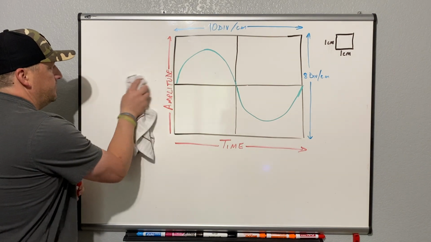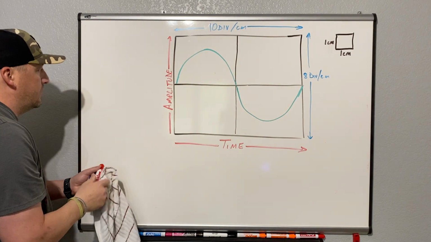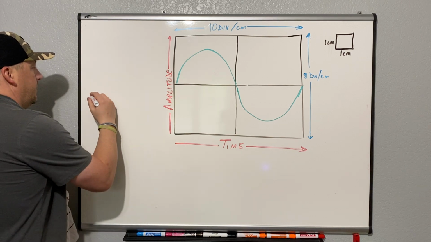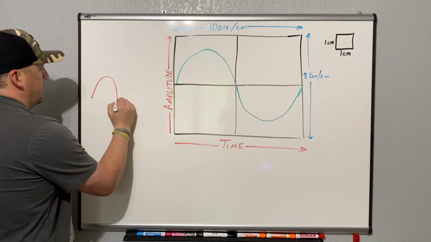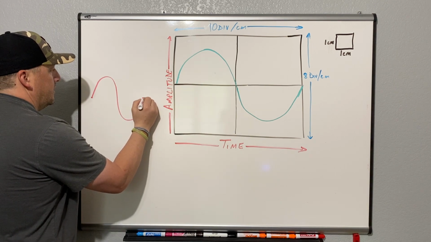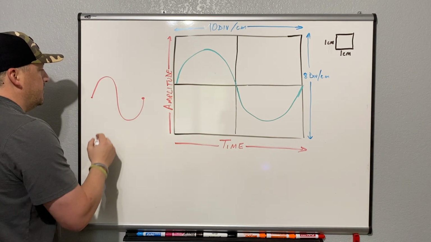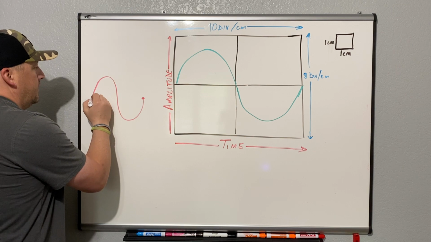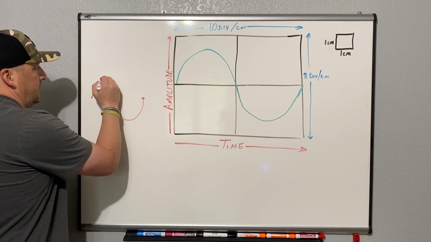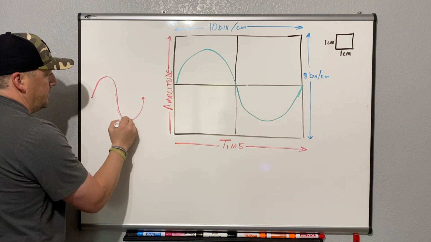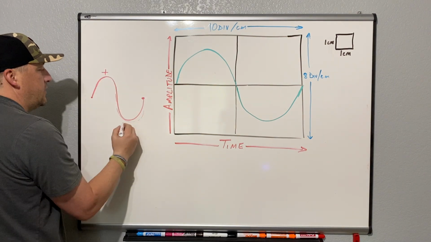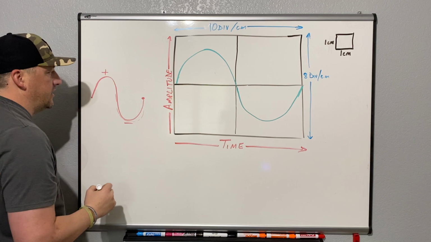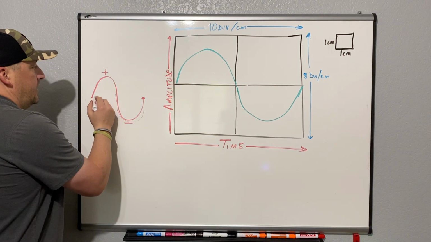Now, what we see with AC voltage is this type of signal right here. We've got current going one way, and then current going the opposite way, okay? So we'll call this the positive going current and the negative going current.